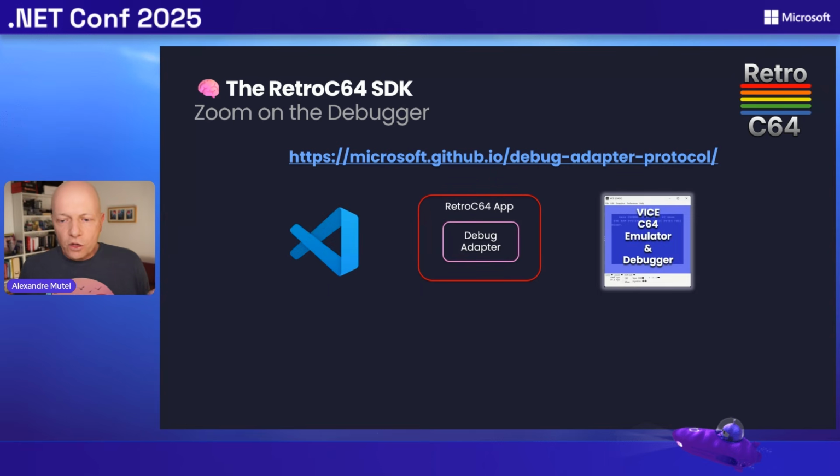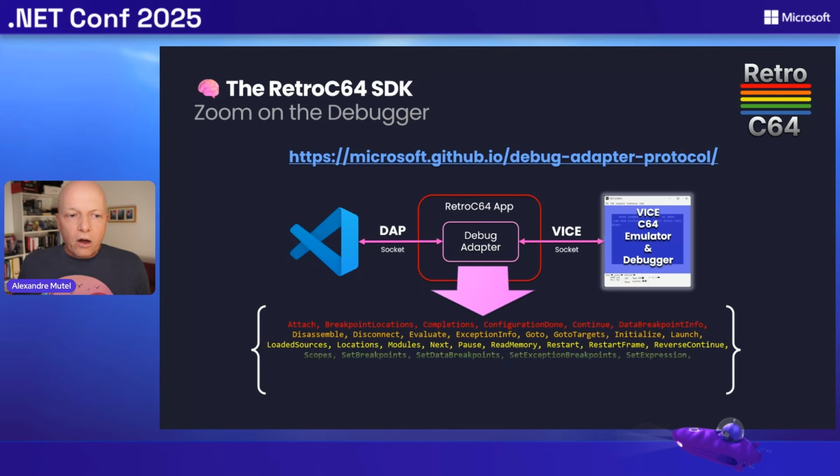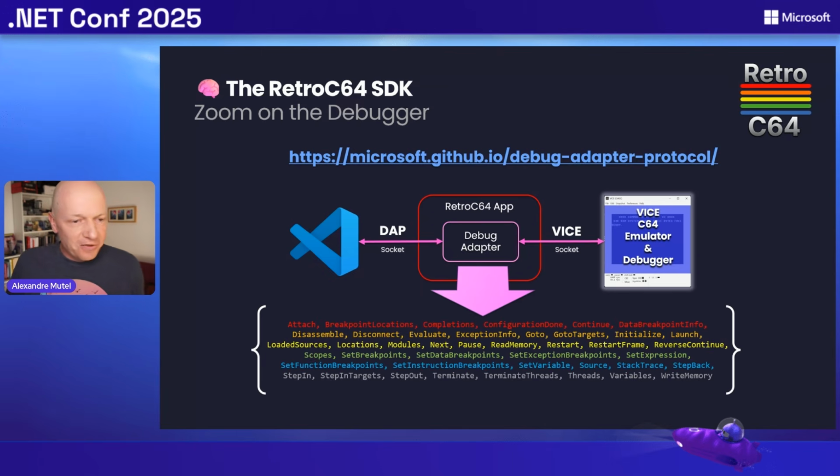And when VS Code connects to the Vice emulator, it uses the DAP to communicate with that adapter inside the Retro64. The adapter then proxies all the calls to the Vice monitor and also enriches them with information that only the Retro64 runtime knows, like variable names or source mapping, so that the DAP protocol can feed that back to VS Code. And of course, to make all of this work, I had to implement dozens of callback functions.